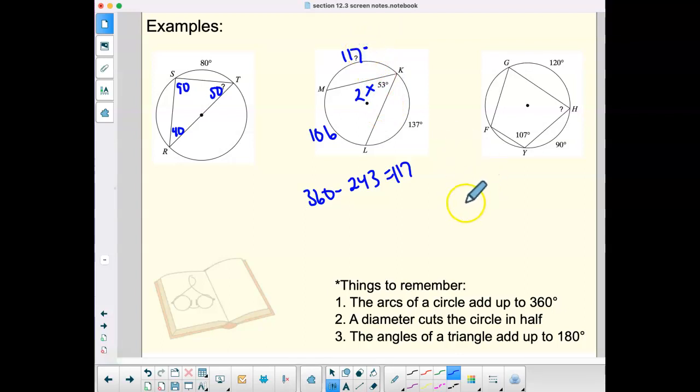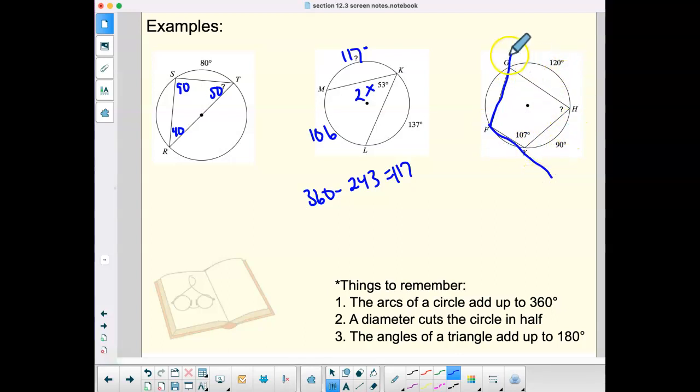Okay. The last one we're going to look at is one of those quadrilateral ones. I'm looking for this angle. I know that it's supplementary to its opposite angle, so if I can find this angle, then I know 180 minus this angle is going to give me this one. Well, it just so happens that this angle intercepts an arc that I know.